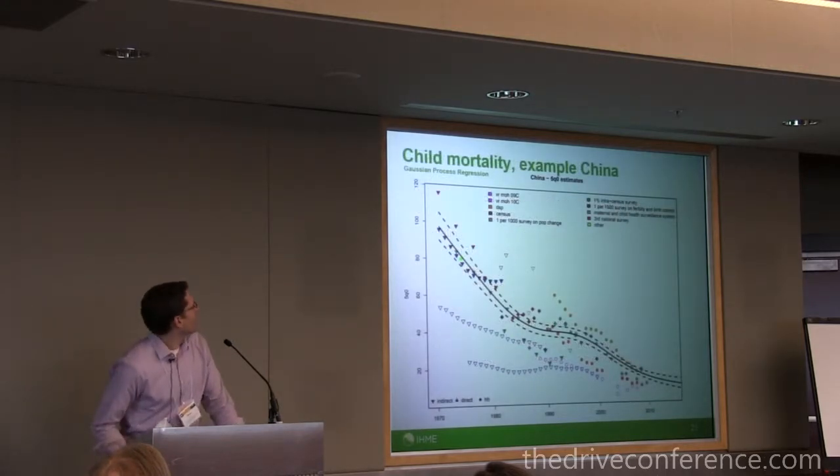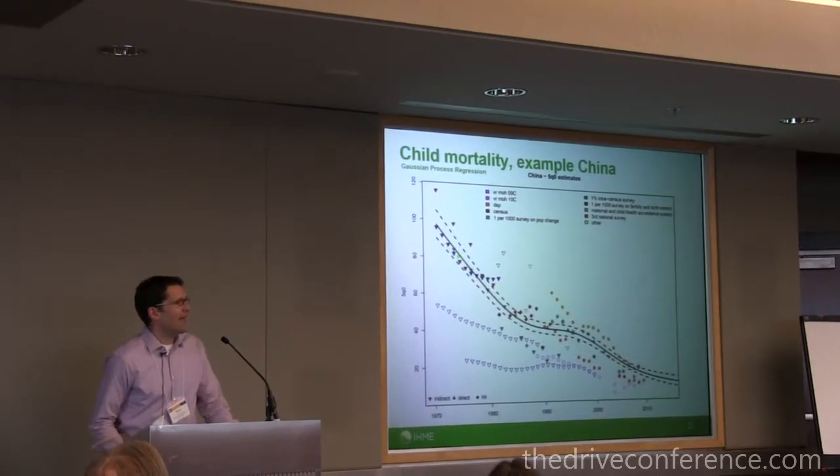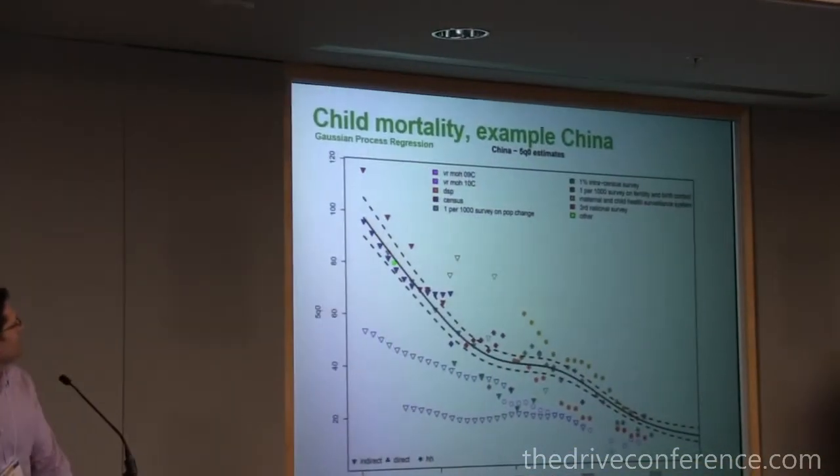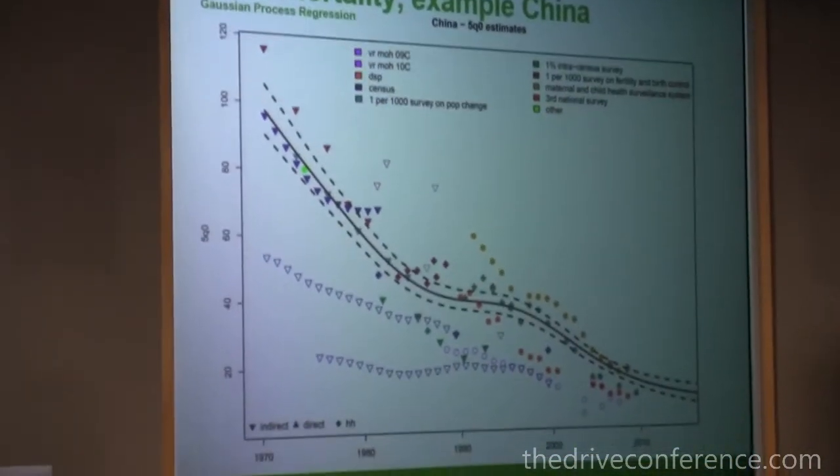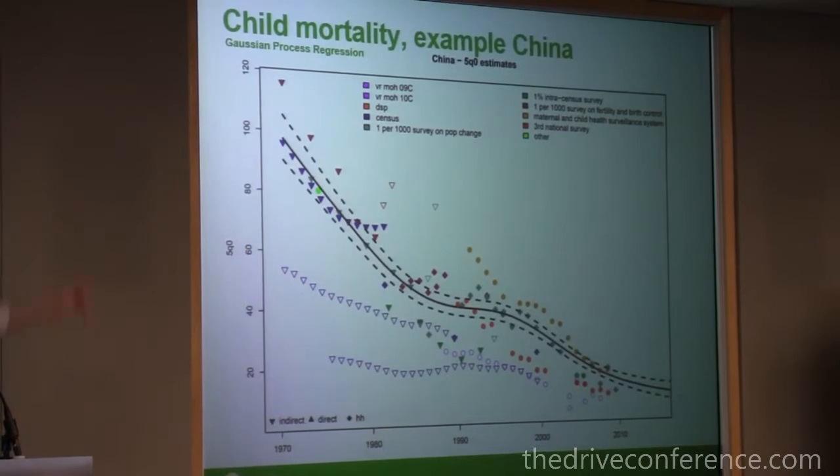Here's an example of data points that we have from various sources on child mortality in China. So you see a number of VR data points in purple. There's census data that we use. There's an inter-census survey there, and a few other data points. And you see how big the range is initially that the different data would give you.